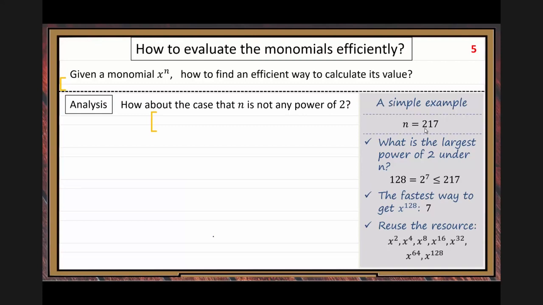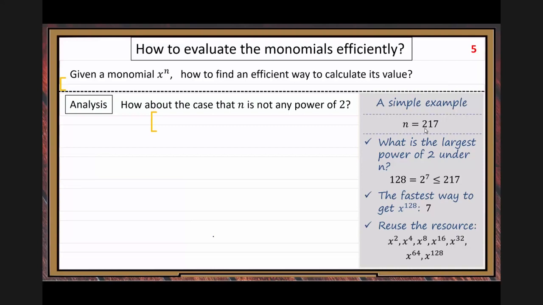So we did intermediate calculations like this, x squared, x to the 4th, and so on through x to the 128th. We treat these intermediate results as our resource. We should not waste our resource.